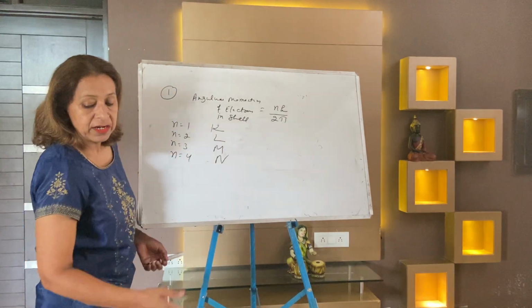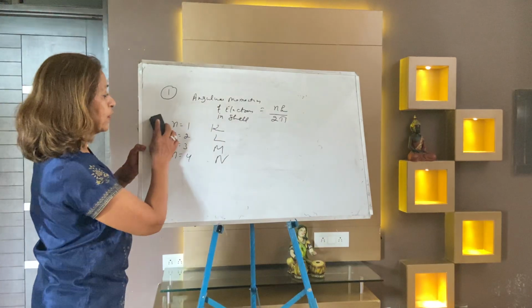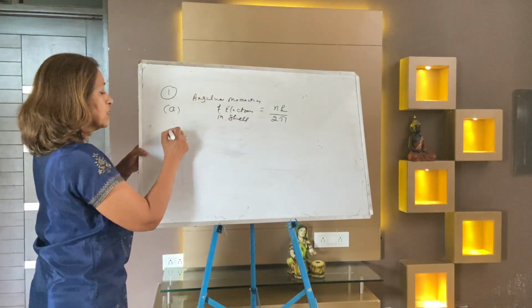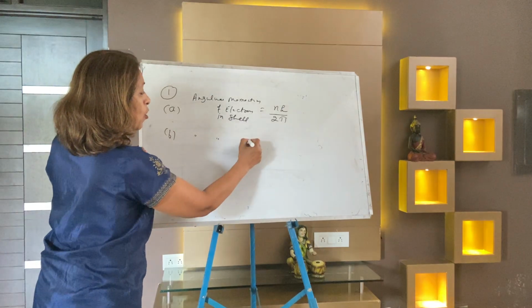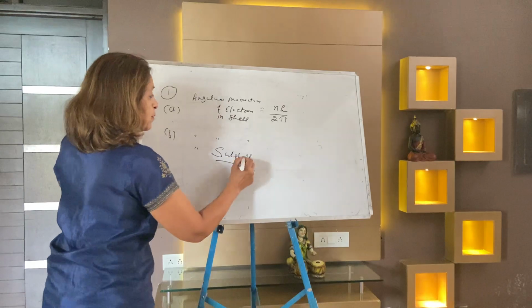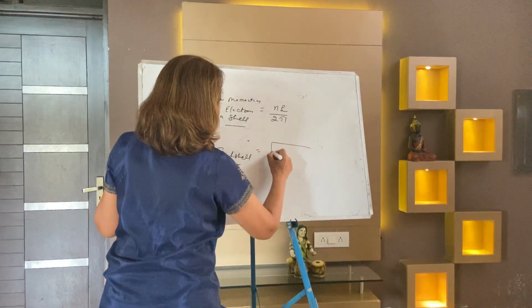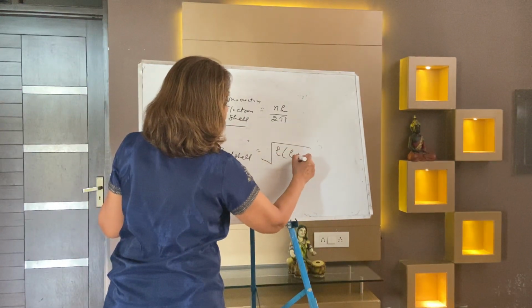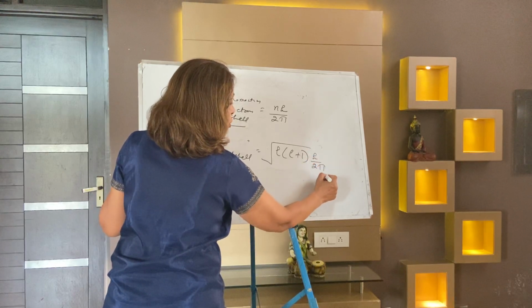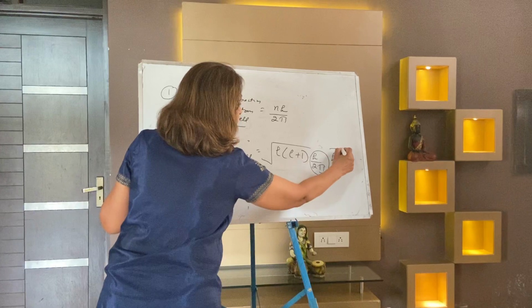When you find the angular momentum of an electron in a subshell, it is under root l into (l plus 1) into h by 2 pi, or you call it h bar.